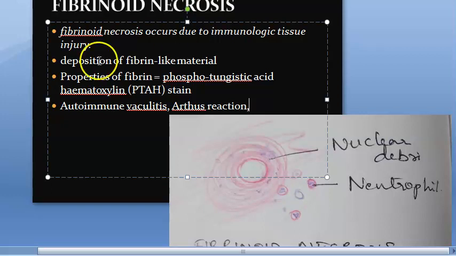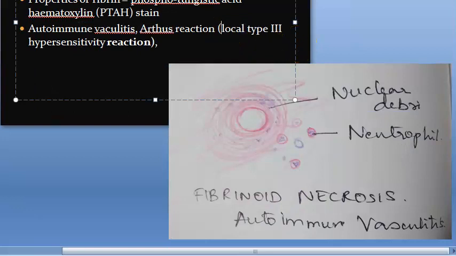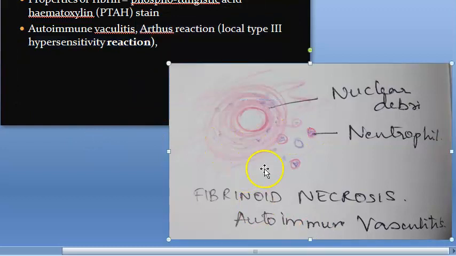What is Arthus reaction, guys? You remember type 3 hypersensitivity? It's a local type 3 hypersensitivity reaction because of immune complex. Then you also have fibrinoid necrosis in arterioles, in hypertension, in peptic ulcer, etc.